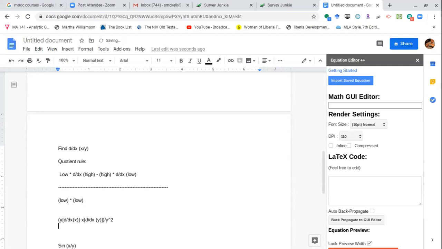So y times the derivative of x with respect to x, which is 1, so you get y times 1, minus x times the derivative with respect to x of y. So you get minus x dy dx, all over y squared.